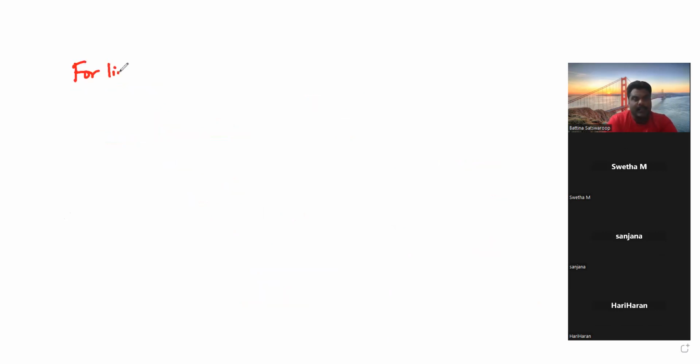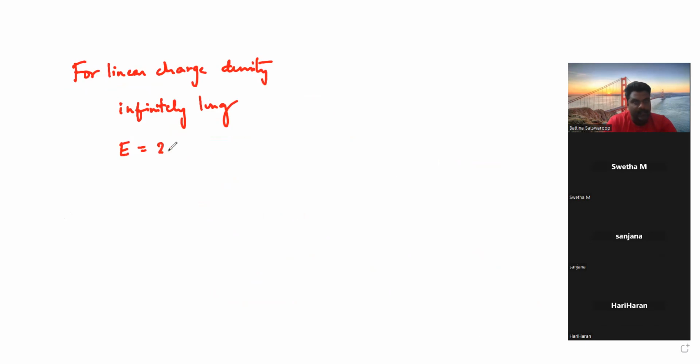Next we will plot the graph for linear charge density for an infinitely long wire. What is the case, what is the formula, can anyone tell? E is equal to 2k lambda by r. Correct? So how can we draw the graph? What graph should I draw?